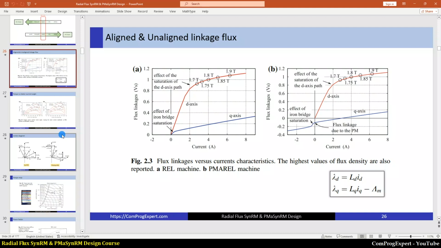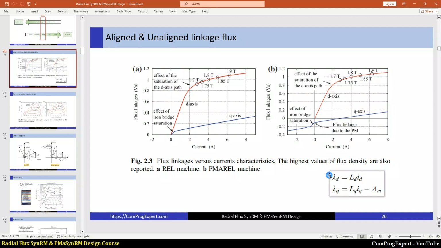Here you can see the aligned and unaligned flux linkage curves. This figure is for the reluctance motor and this is for the PM assisted motor. And here we have the flux linkage in the rotor reference frame.